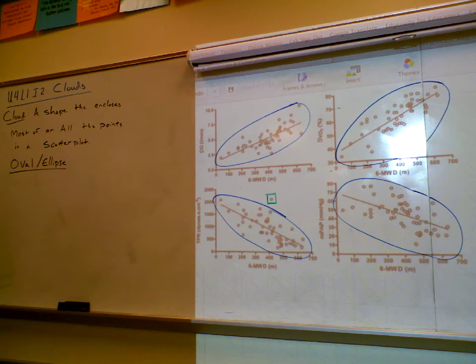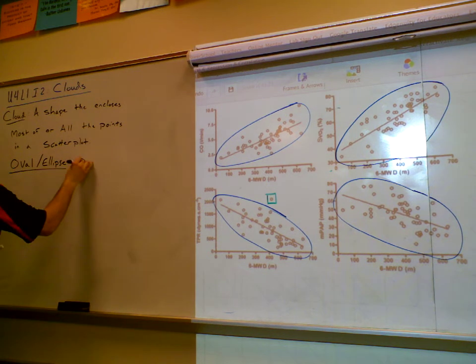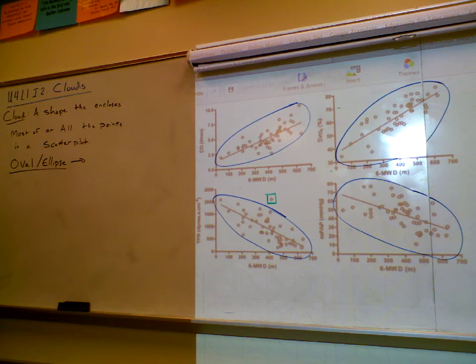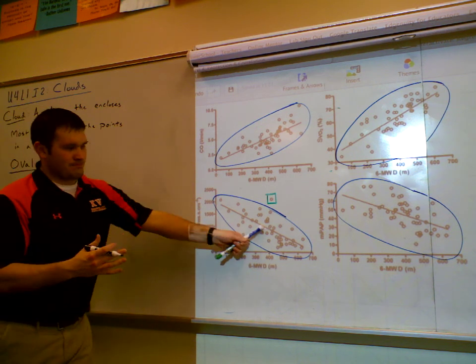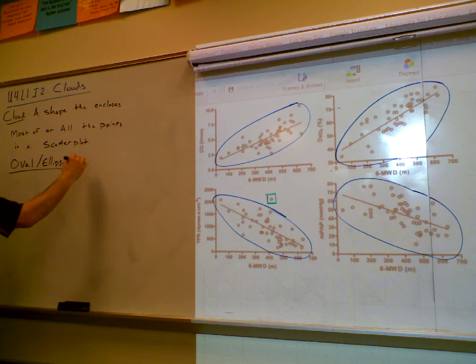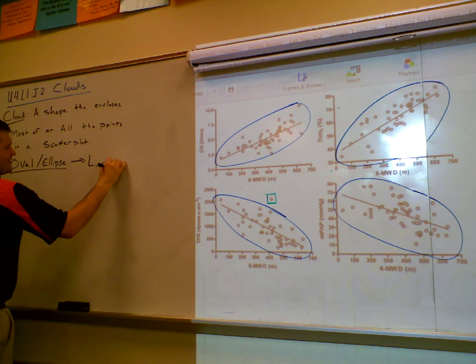An oval or ellipse cloud tells us what type of relationship? What type of relationship is there? It could be strong or weak, but these are all linear. There you go. They're all linear.